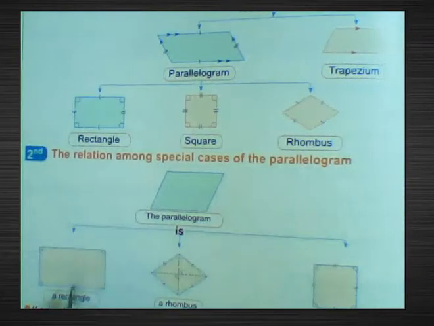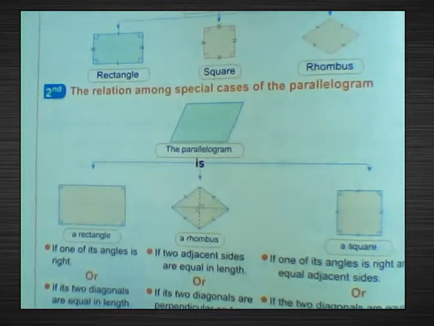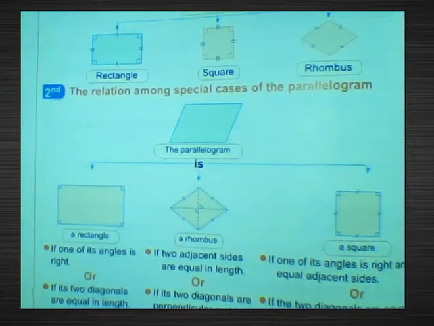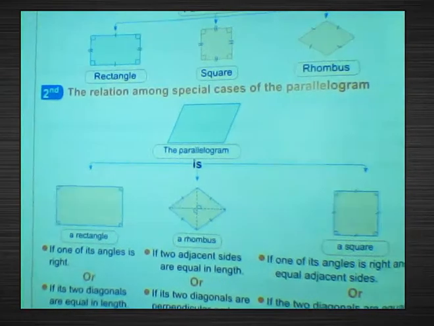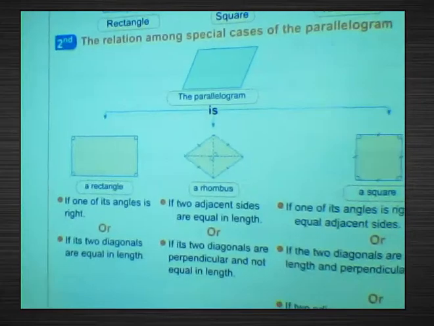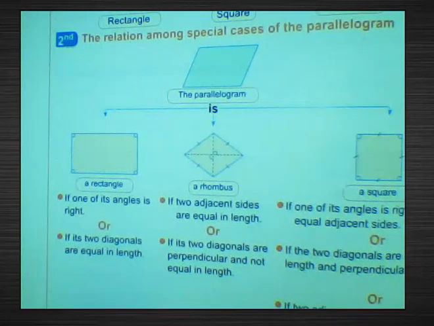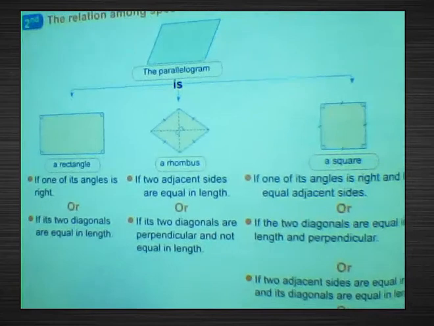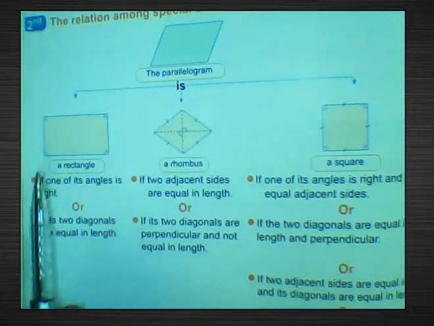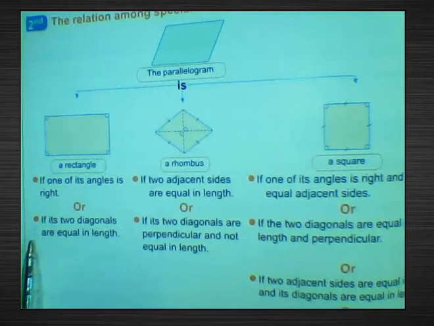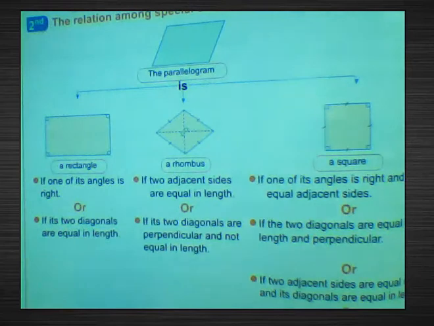The parallelogram is a rectangle if one of its angles is right or if its two diagonals are equal in length.